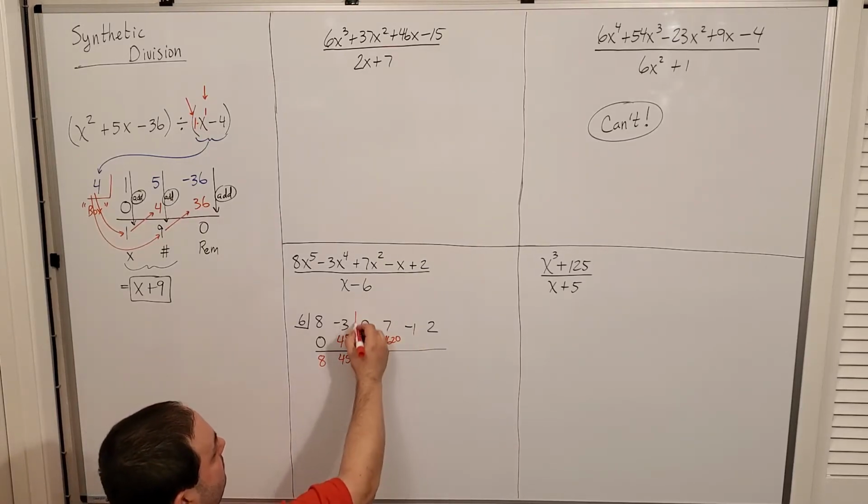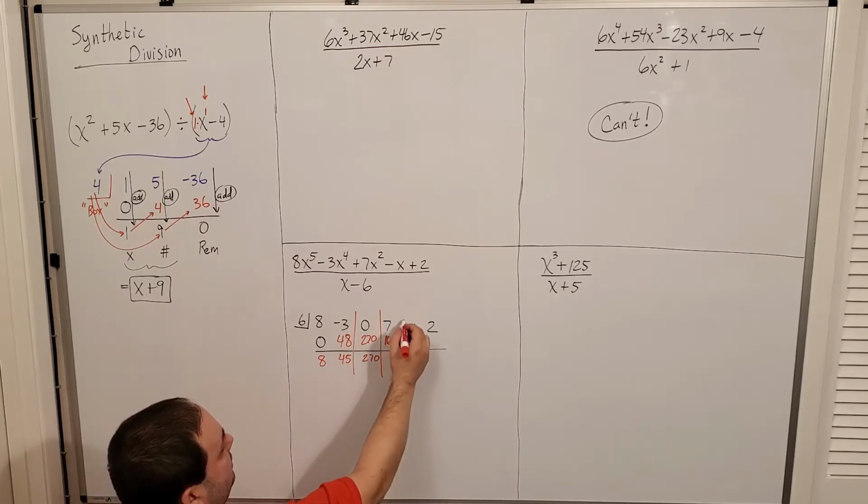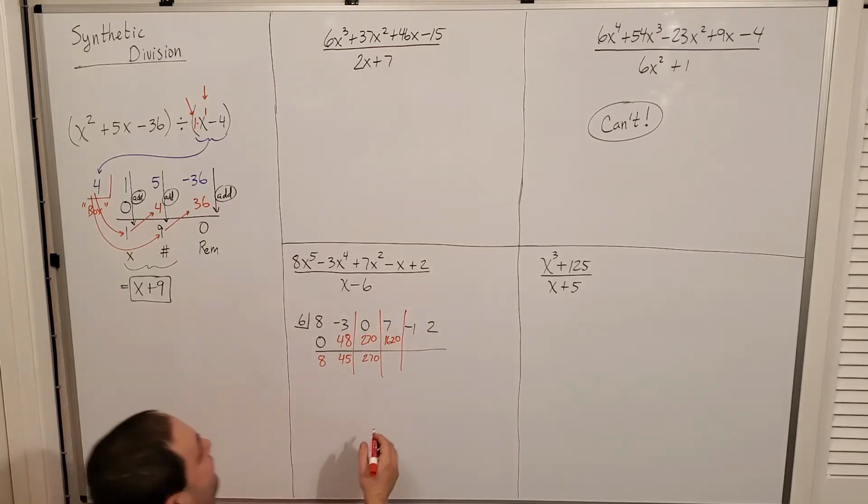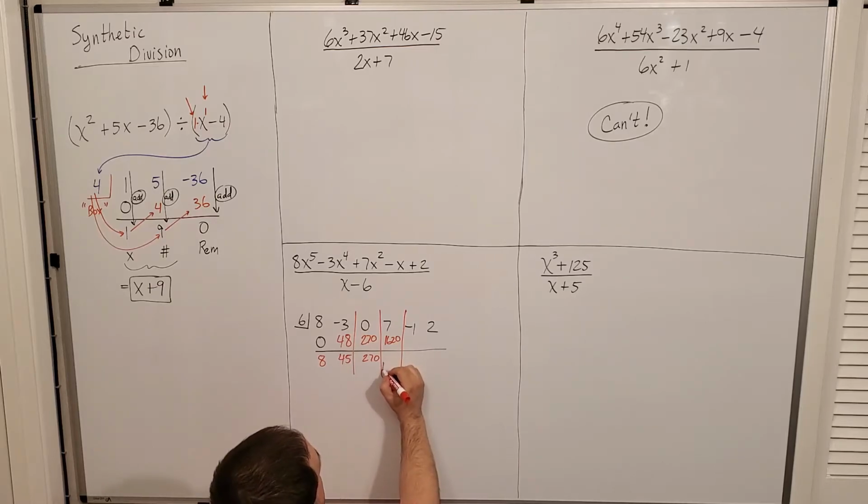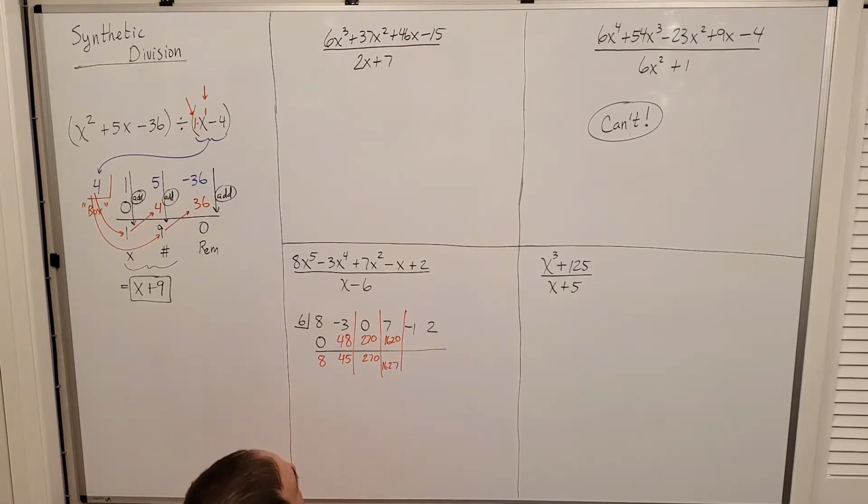Plus 7. Here, let's get some columns in here because I'm getting a little bit off. That's 1627.